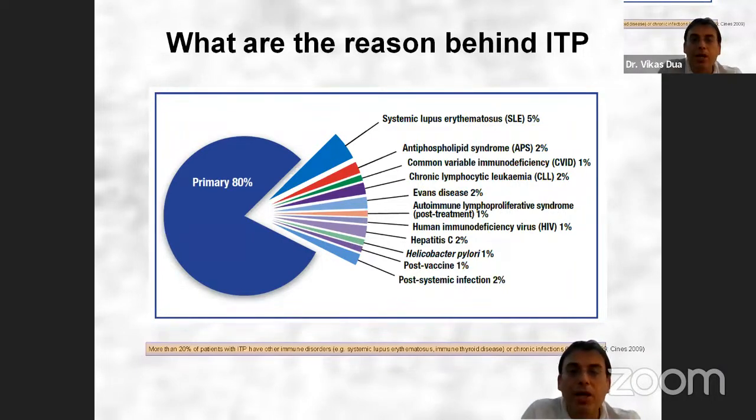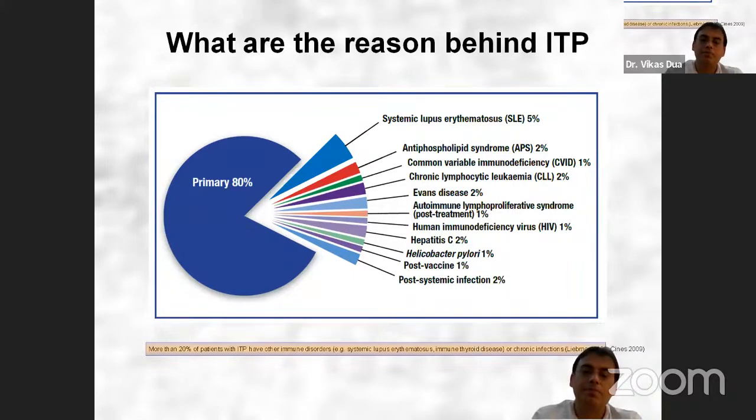A CVID patient may come to you with low platelets. A CLL patient, which is not a common condition in the pediatric age group, as CLL is seen in older patients. Evans syndrome, autoimmune lymphoproliferative syndrome, ALPS, HIV, hepatitis C and B, post-vaccination, post-systemic infection. These patients can present to you with ITP, but that is secondary ITP and not primary.